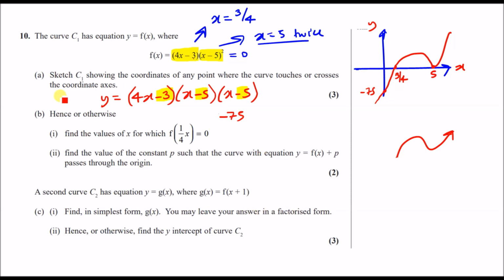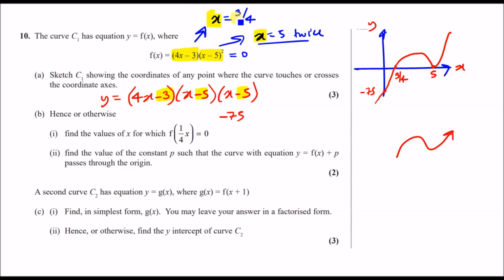As for part B, it says hence or otherwise, find the values of x for which this function at the point, so the same function at the point, instead of x is a quarter x, equals 0. All that's literally saying to you now is, since you know what the function of x is, we just replace all these x's with that value. We could just replace the x solutions here with a quarter x.